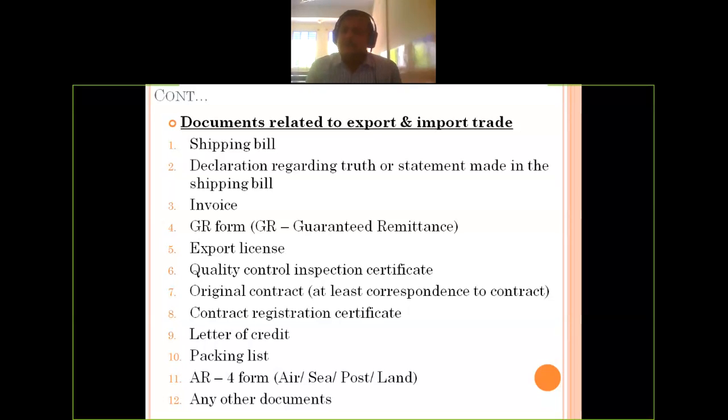Then come to the 11th point, AR4 form. That's about the shipment activity, whether it is taking place through air, sea, post, land, sometimes multiple choices are also a possibility, correct? Sometimes you're going to use air plus land both. Sometimes you're going to use sea plus air plus land.